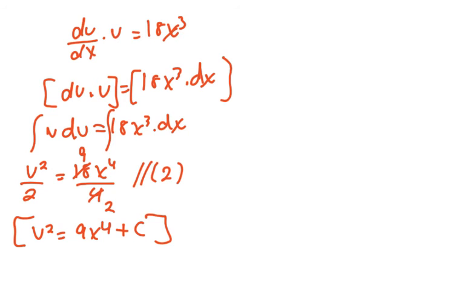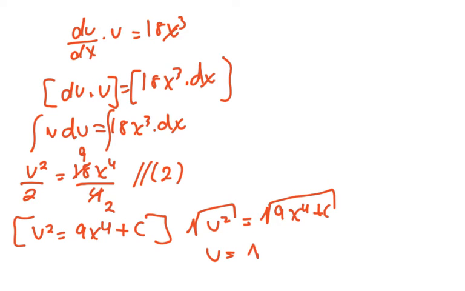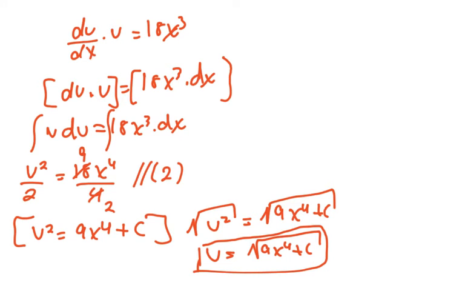And we could simplify a little bit more and take the square root of both sides, right? So that we have v is going to be equal to the square root of 9x to the 4th plus c. And this is the equation, essentially, that we were asked to find.